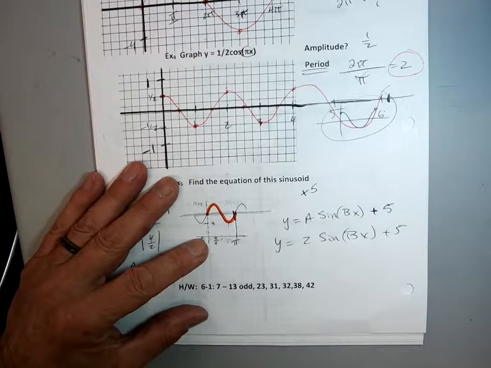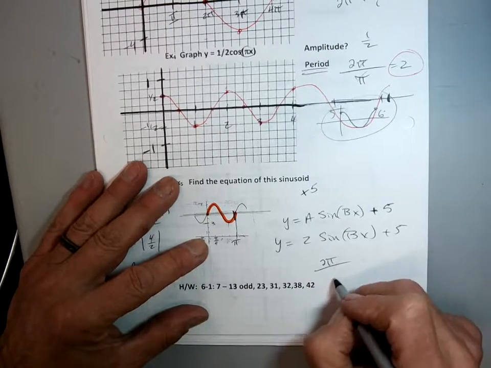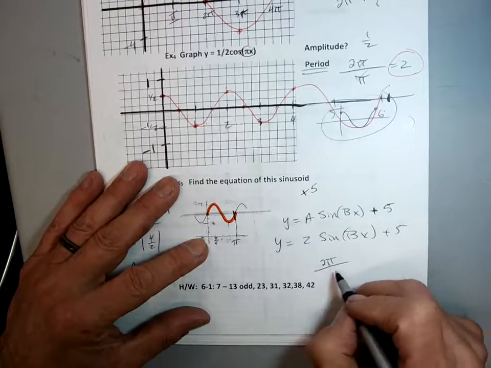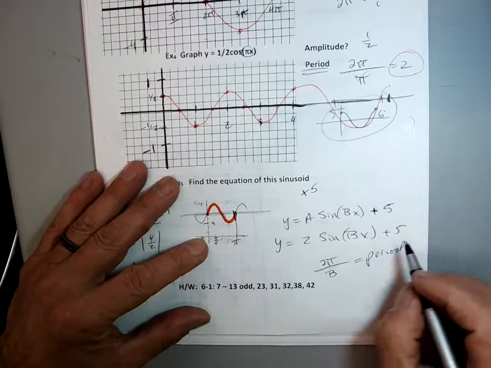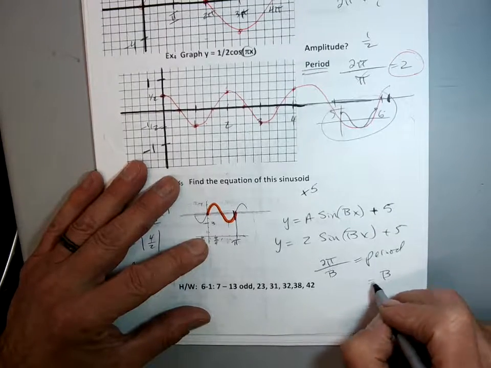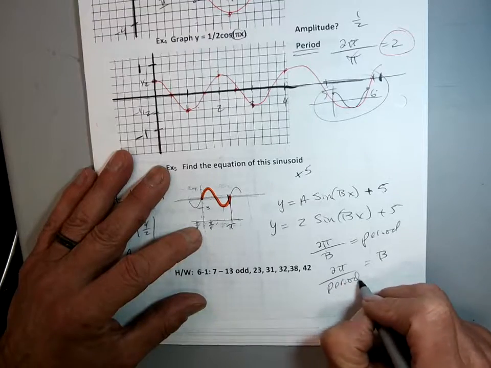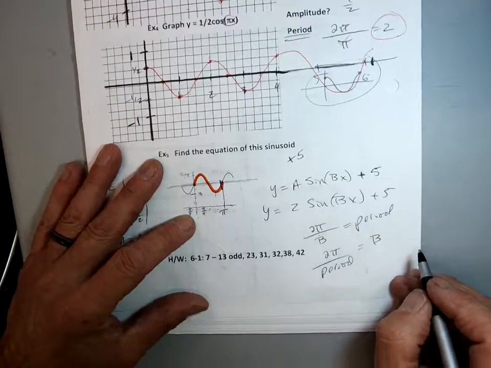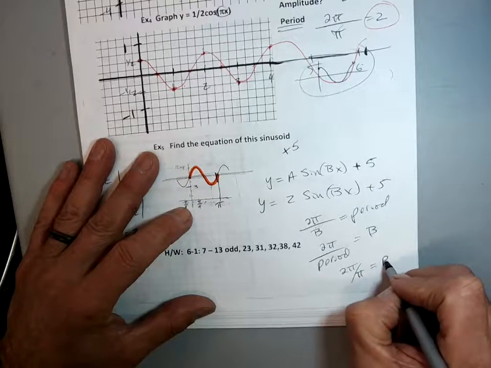Now remember, 2 pi divided by the frequency gives me the period, right? So then the frequency is just 2 pi divided by the period, or how wide it is. Well, that's easy. In this case, it's just 2 pi divided by pi, which makes it 2.